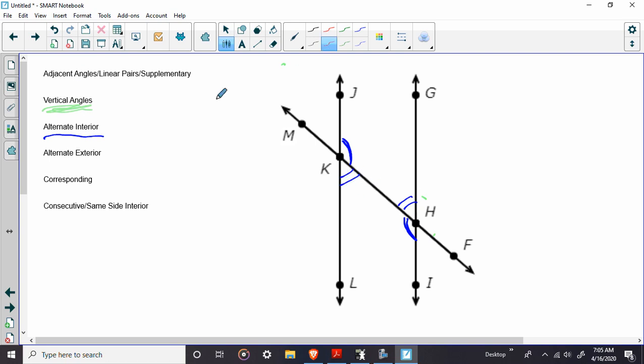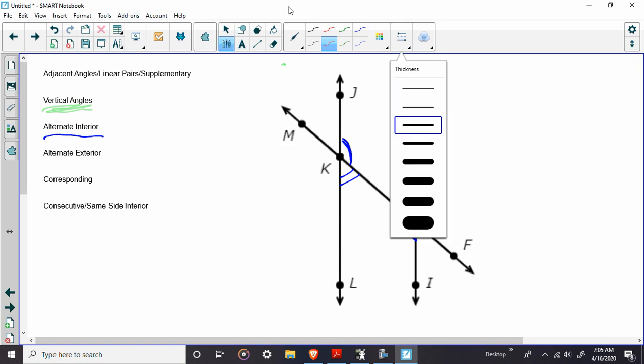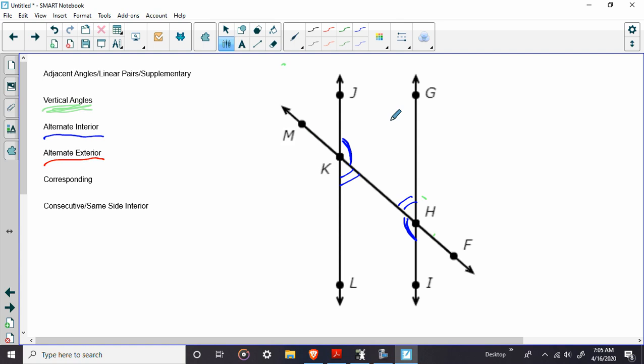Alternate exterior. Again, what do we got? We've got this guy right here, and this guy right here. Opposite sides, alternate exterior.